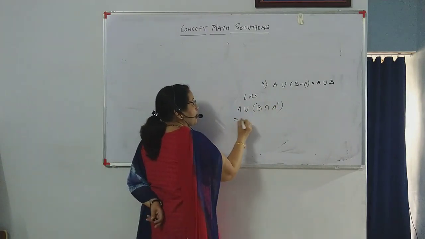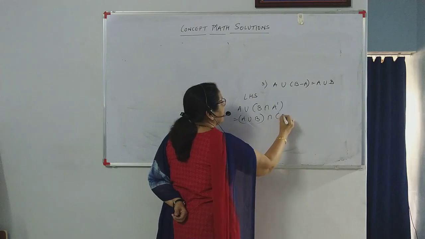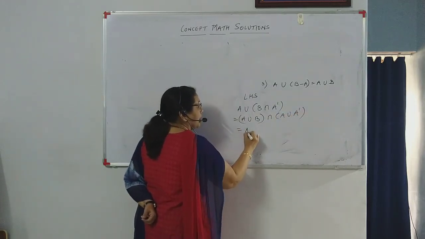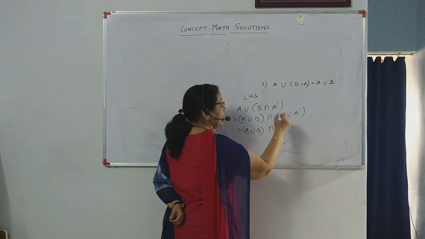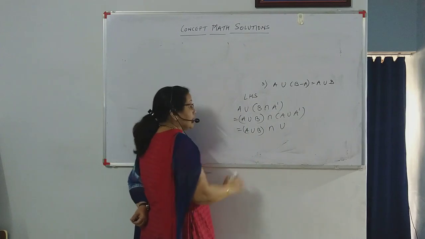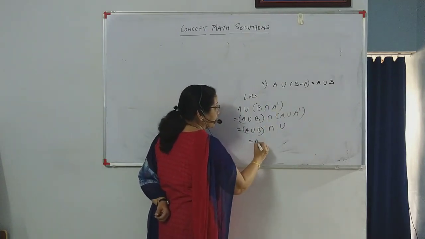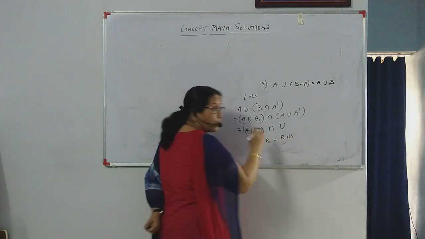Now, distributive property: A union B intersection A union A dash. Now, A union A dash would be U. Now, A union B intersection with U, that is the universal set, would be A union B, and that's RHS, and hence we have proved this.